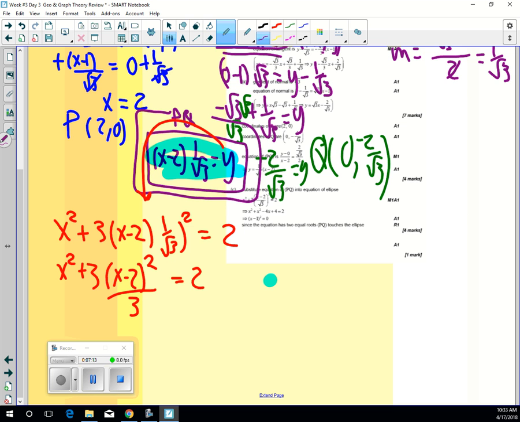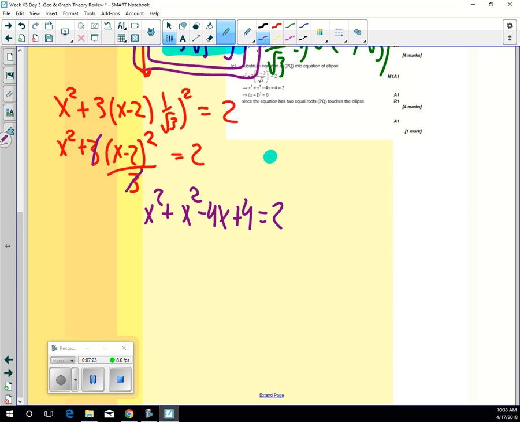They cancel. So you're going to get x squared plus x squared minus 4x plus 4 equals 2. And 2x squared minus 4x, subtract 2, plus 2 equals 0, or x squared minus 2x plus 1 equals 0.